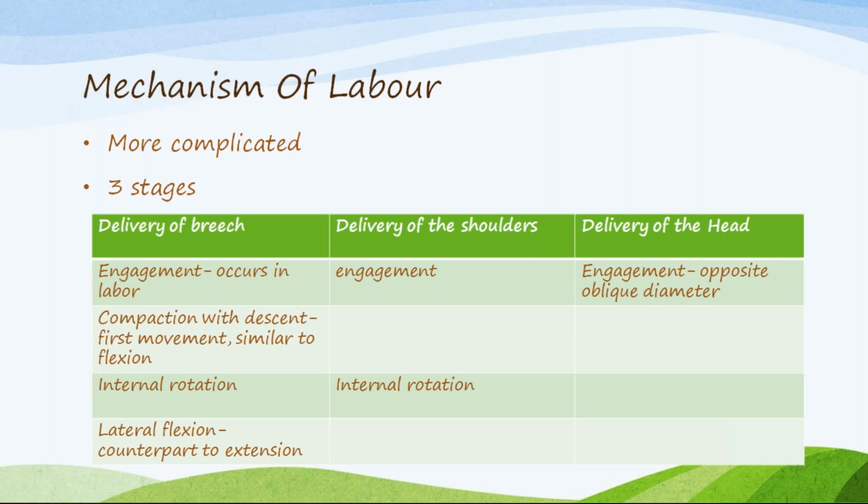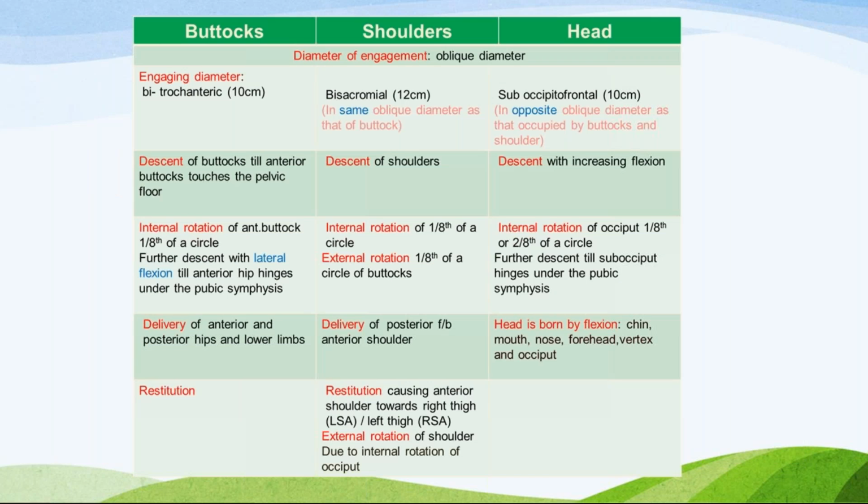The engaging diameter here is suboccipitofrontal, in opposite oblique dimensions, and also suboccipitobregmatic. Again, descent will occur gradually till the flexion. It is very important to keep the flexion intact. Otherwise, if it is extended, it will be difficult.